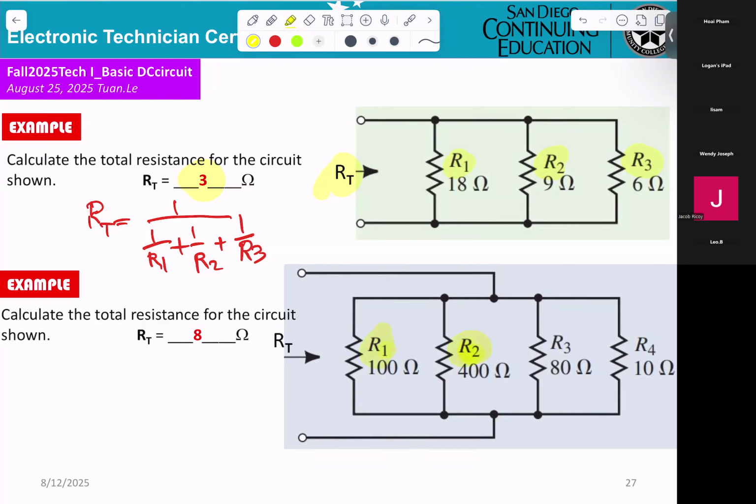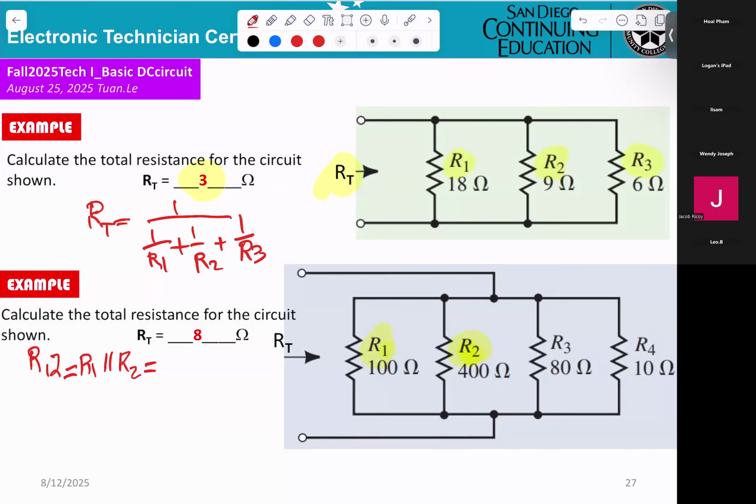You can combine R1 and R2 into one resistor.